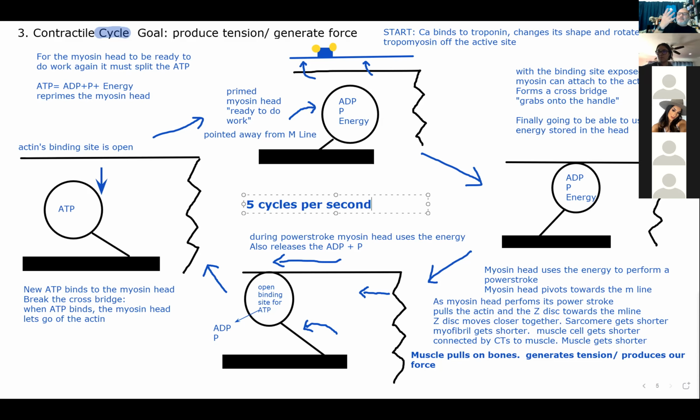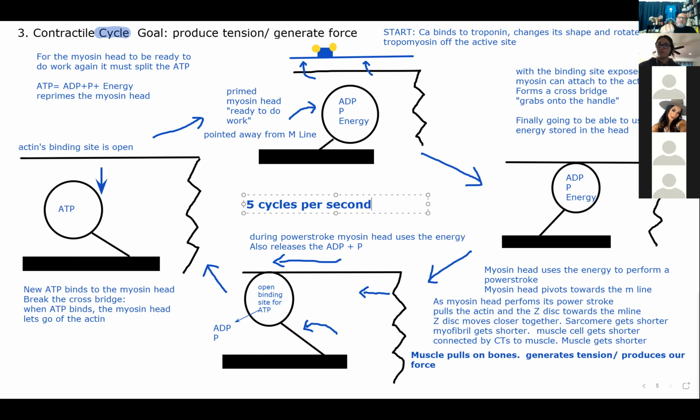So again, I keep using the example of climbing a ladder, but that's really what it's like. If I'm going to climb a ladder, I'm going to prime my arm, stick it out so that I'm ready to grab the handhold. As long as the plexiglass is out of the way, I can grab onto that handhold, forming my cross bridge.